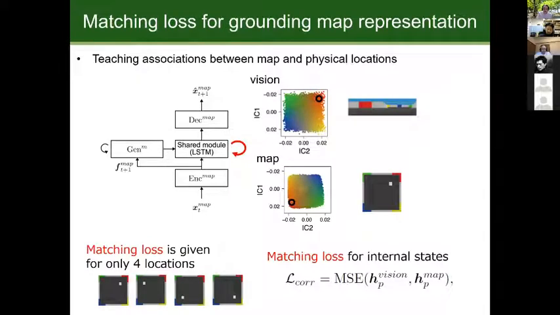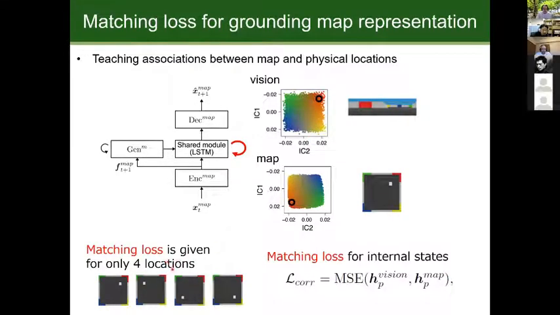We just give the teaching signal to create the association between the map and the physical location. So this point and this point must be close. That is the teaching signal. And the loss function is just the distance between this one and this one, and we try to minimize this distance in the internal states.